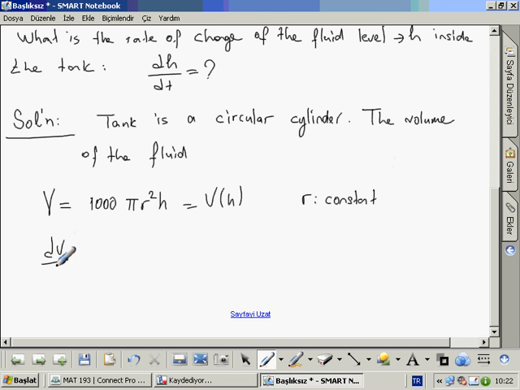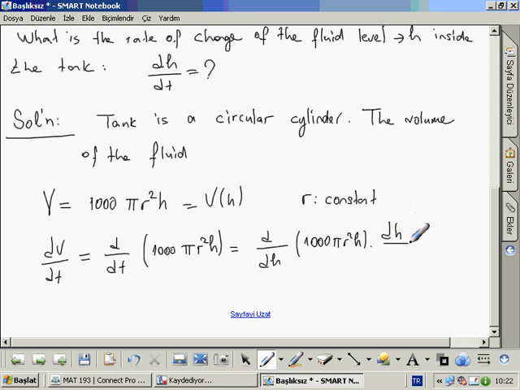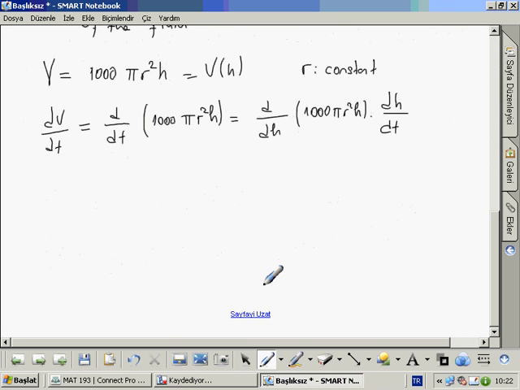And dV over dt is equal to d over dt of 1000 pi r squared h, and it's equal to 1000 pi r squared h times dh over dt.